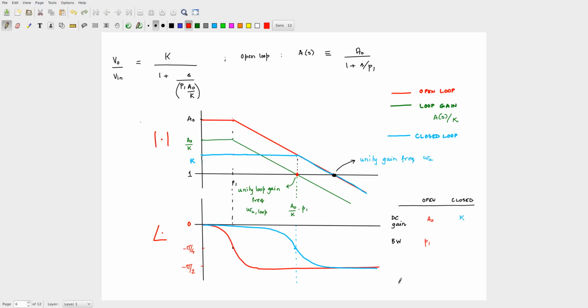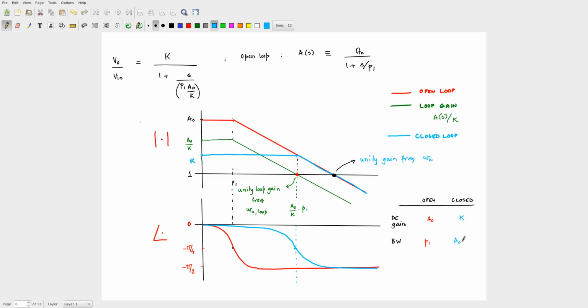3 dB bandwidth. Why is it called 3 dB bandwidth? Because the mod squared goes down by a factor of 2. Open loop is P1. What's closed loop?